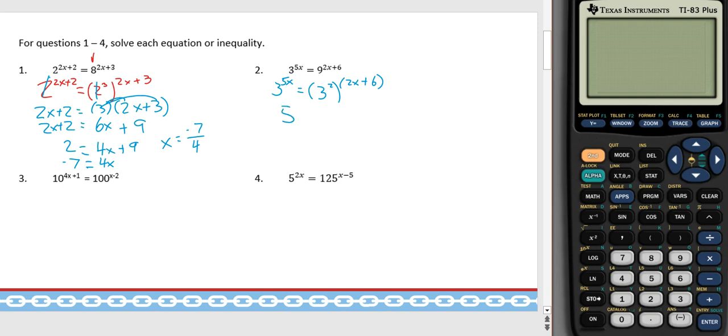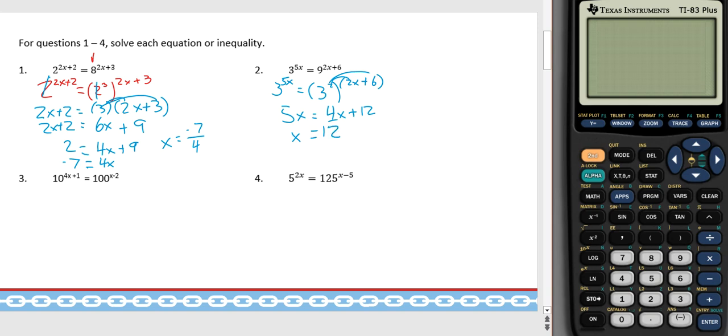So that will give me 5x equals 2 times the 2x plus 6. And now I can work on this distribute step as I bring it down. So that would be 4x plus 12. Okay, solving for x, I subtract this 4x over to the left side. I would be left with x equals 12.